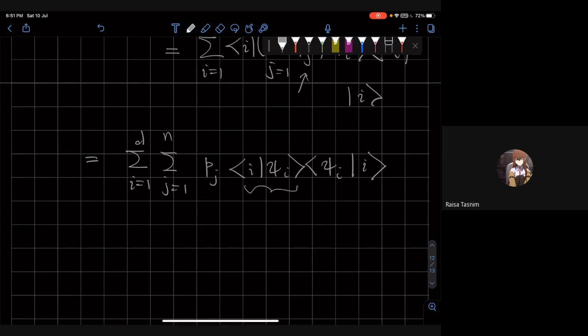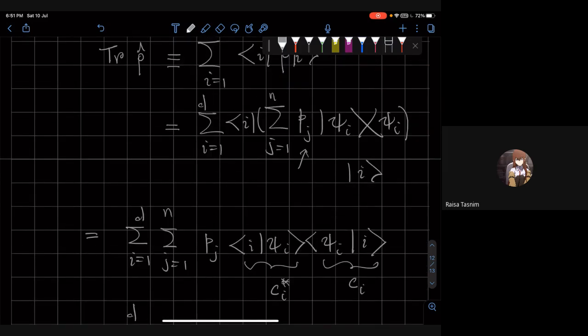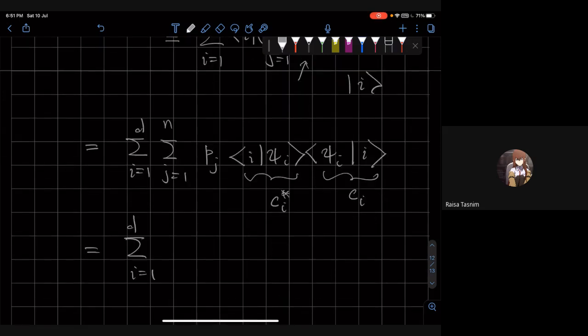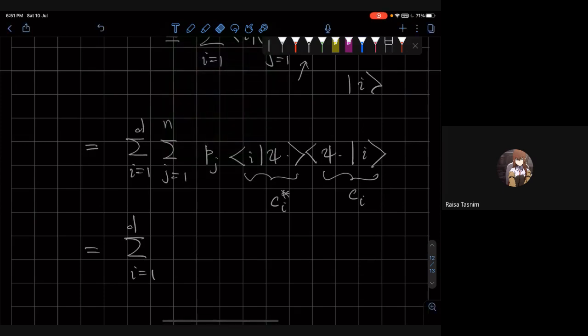This is some number c_i, and this is some number c_i star. So we can rewrite this as sum over i goes from 1 to D, and sorry, this should be j here. Okay, this index should be j. It's very important to keep track of the indices. Okay, and this index should be also j. Do you understand what I'm doing?